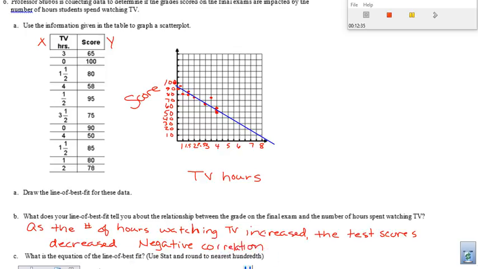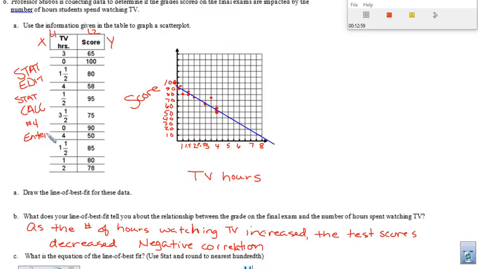And then to find the equation of your line of best fit, you're going to do the stat edit here. Put these under L1 and the Y values under L2, and then do stat calc number 4, and then enter.